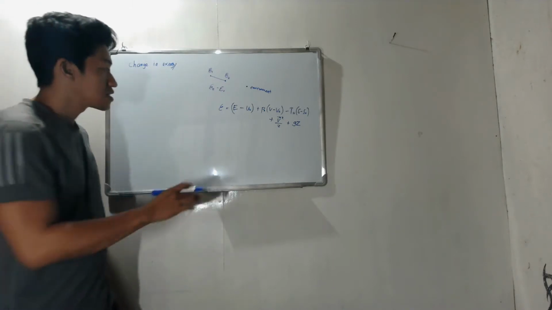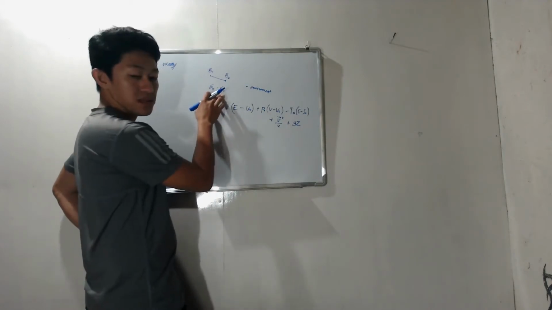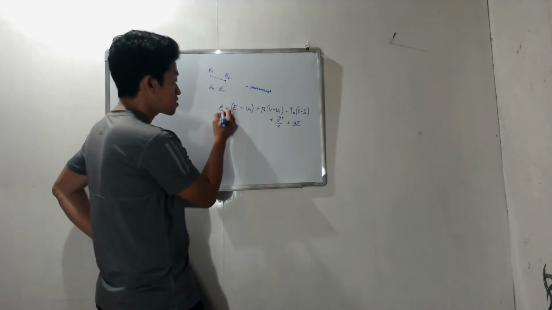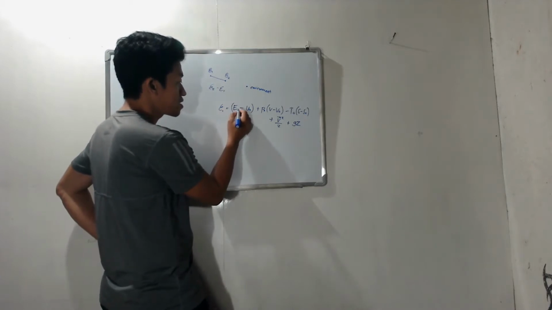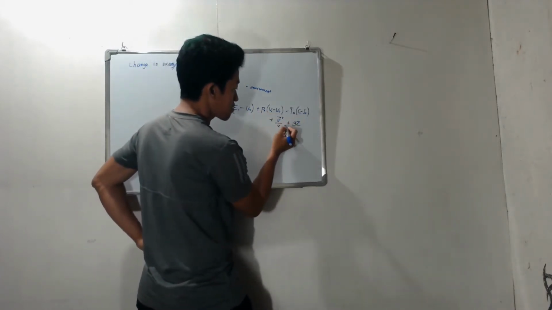Now, how do you evaluate the exergy at point 1? This is your exergy at point 1, with subscripts of 1.